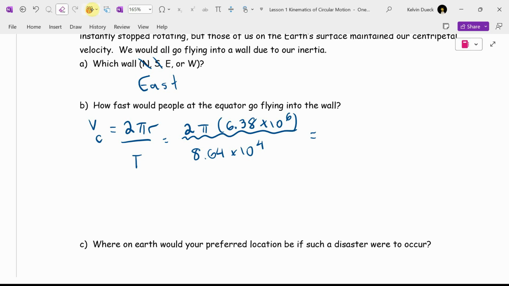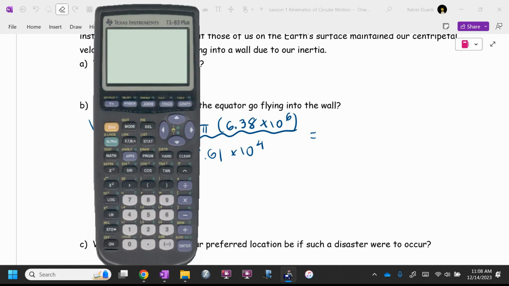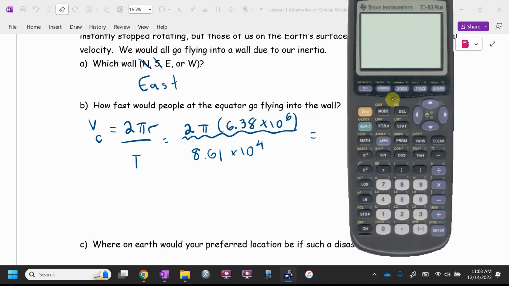Oh, 8.61. Why did you say 8.64? Oh, I'm sorry, I didn't hear. Thank you. Fix that. What do you get? Now, you might get an error. You all want to try this. Depending on your calculator, is this a fraction?